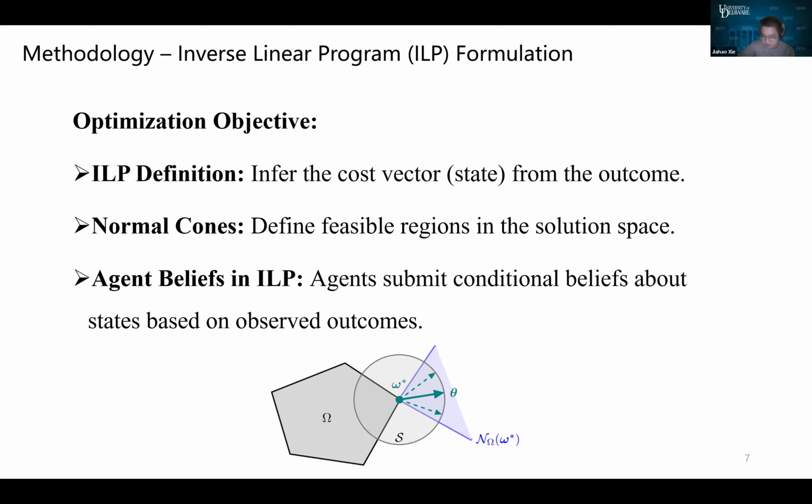By using normal cones to narrow down the solution space and crowd-sourced beliefs to identify the state, we can effectively estimate the most likely state that led to the outcome, as shown in this figure.